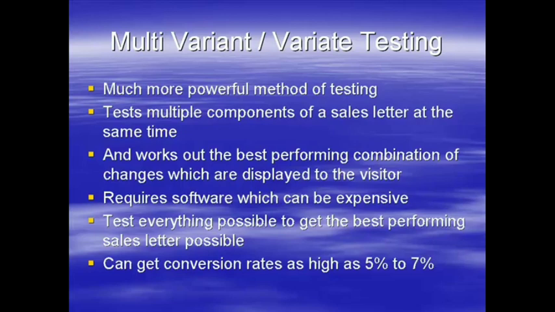You may start off with your first sales letter at 0.5 to 1%, maybe slightly higher. But as you do the multivariate testing, your conversion rate is going to get higher and higher. And as I said, you can realistically expect 3 to 5%, possibly even higher, with some persistence and some good tests.